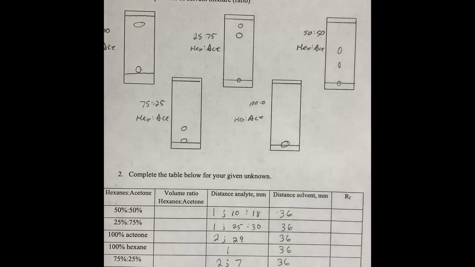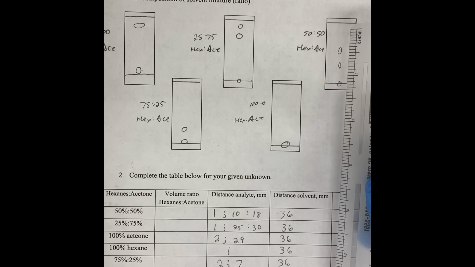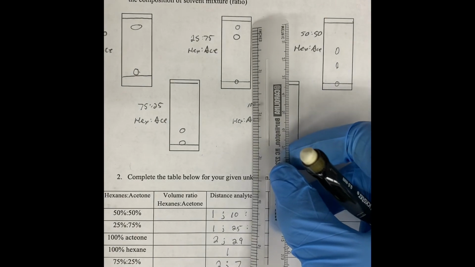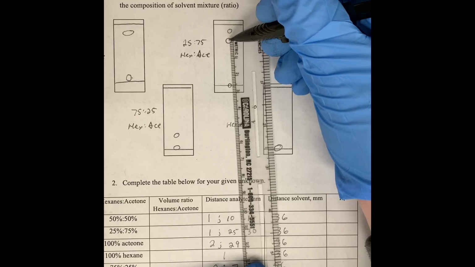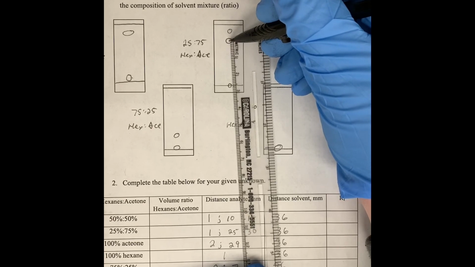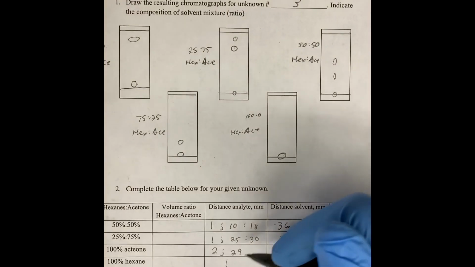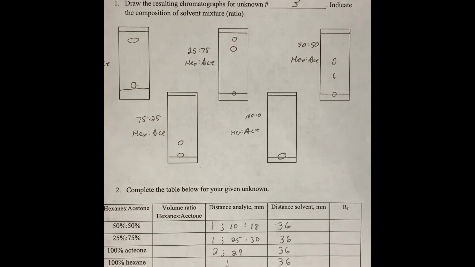And so then what you would do is take a ruler and measure the distance from the baseline that each of the spots moved up the TLC plate. And so you would hold your ruler in a way so that you measured the distance between, say, this spot here, and we always do the center of the spot, to the baseline, and then we would record that number down below.